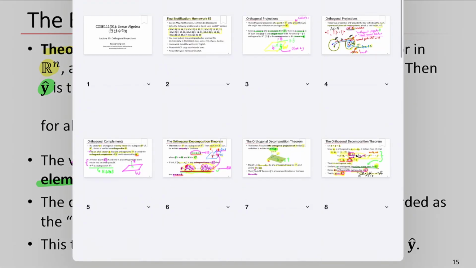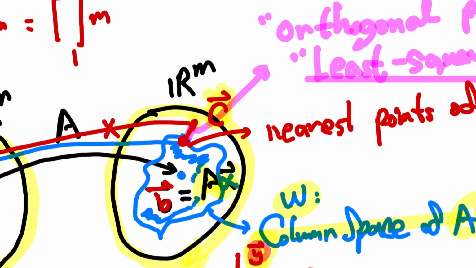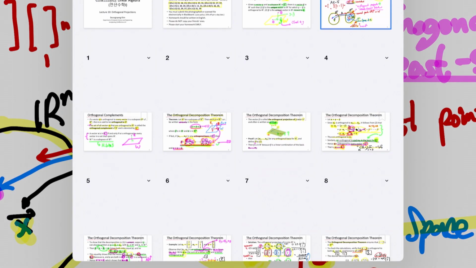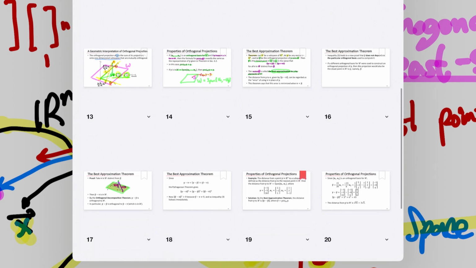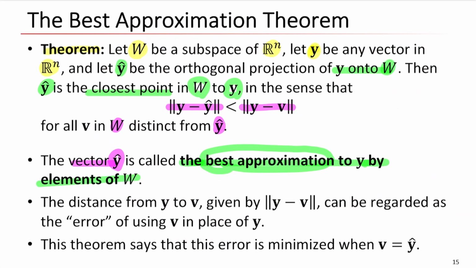So let me go back to this. So the best approximation theorem means that the orthogonal projection y hat is the projection that we want to solve. Here, the distance between y and v, given by the length of y minus v, can be regarded as the error, let's say the error of using v in place of y, right?